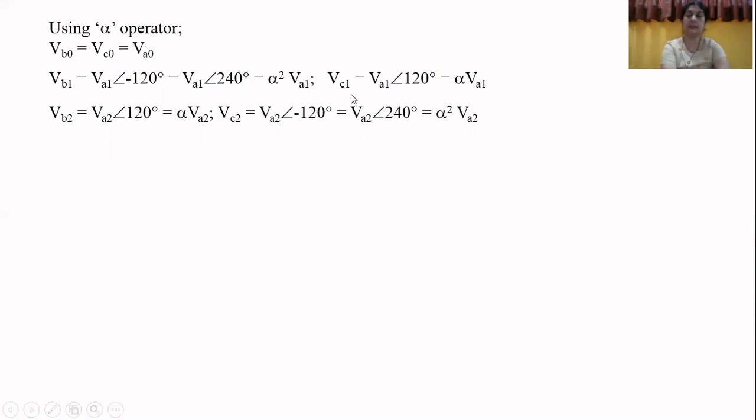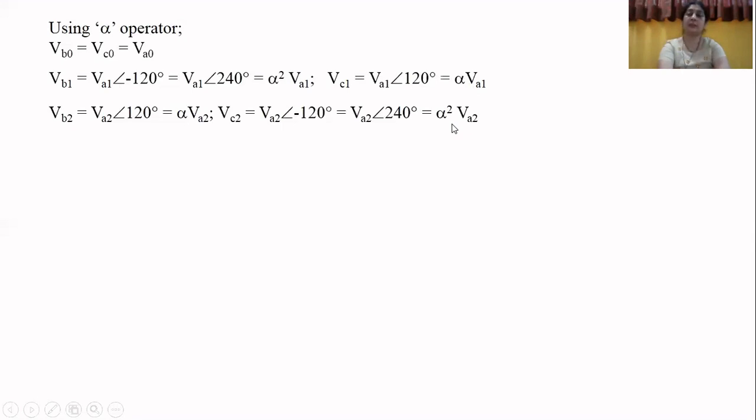Similarly, VC1 is VA1 at an angle of 120, which is alpha VA1. VB2 is VA2 at an angle of 120 degrees, that is alpha VA2. And VC2 is VA2 at an angle of minus 120, or VA2 at an angle of 240, therefore alpha square VA2.